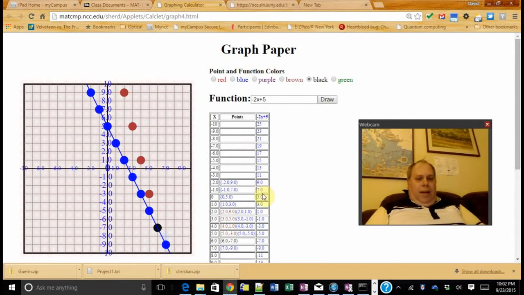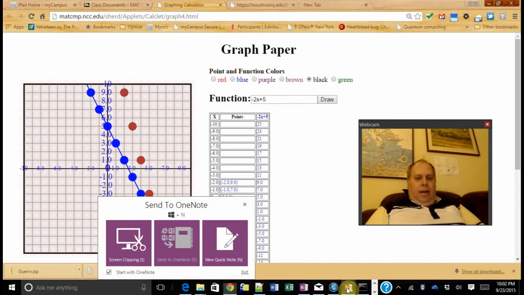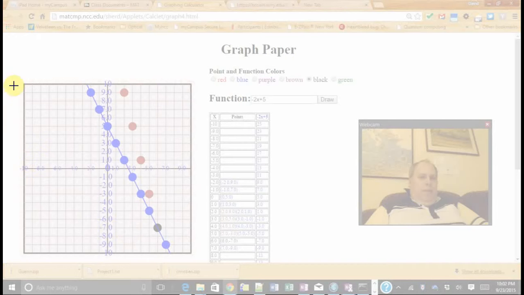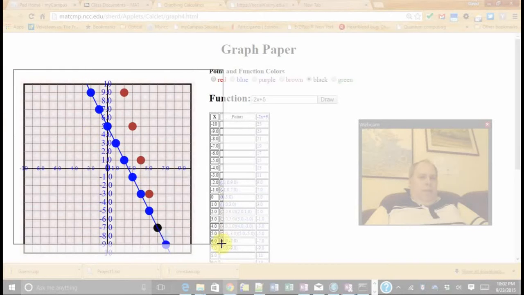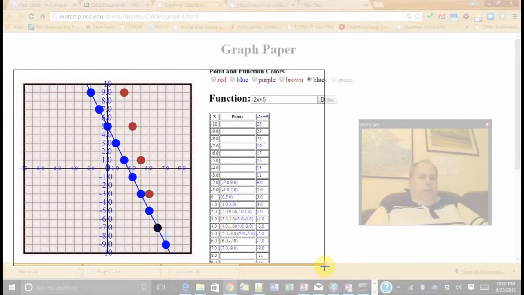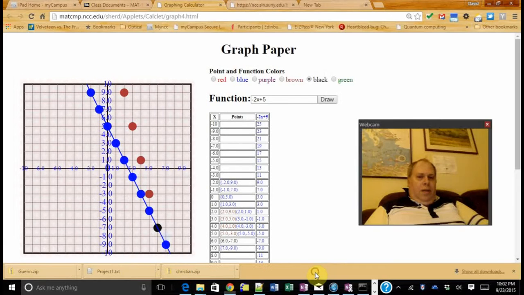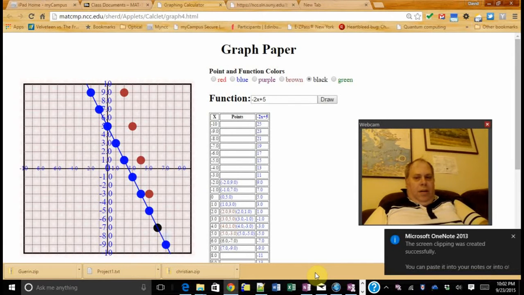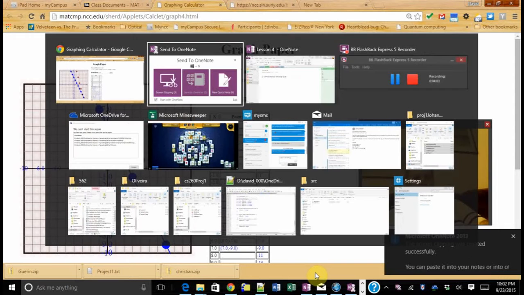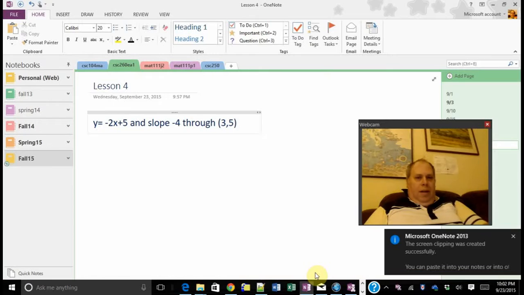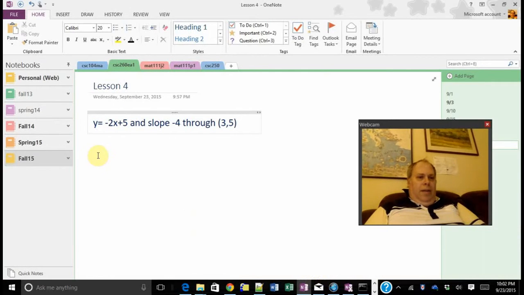All I really need to do here is copy that into my notes. You can see a nice little display of the points. And thank you, Microsoft OneNote.